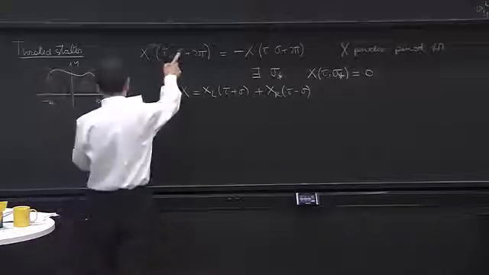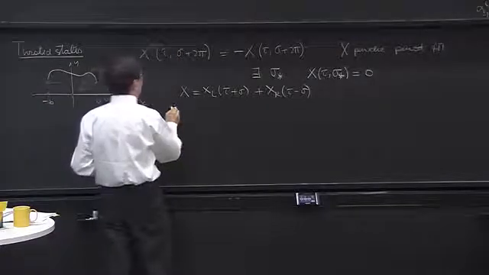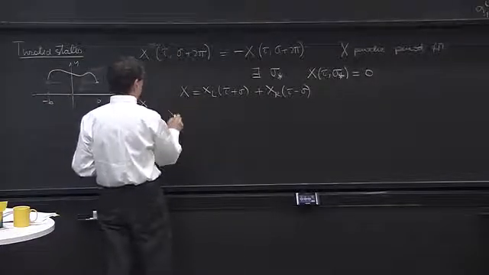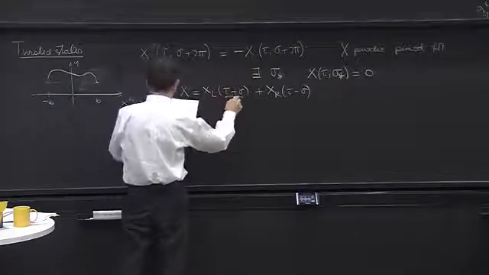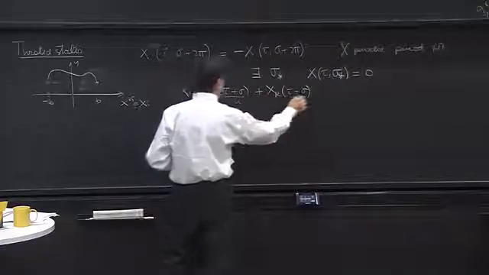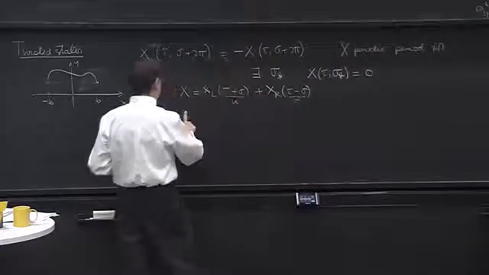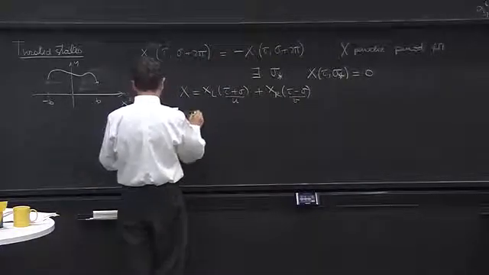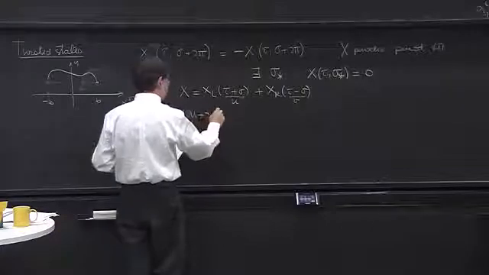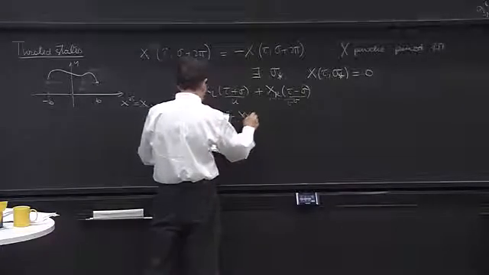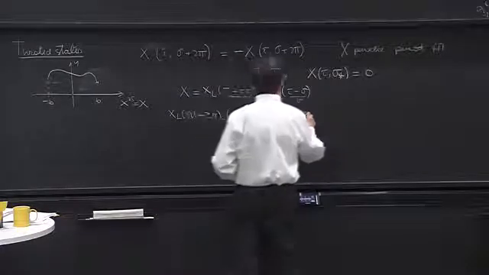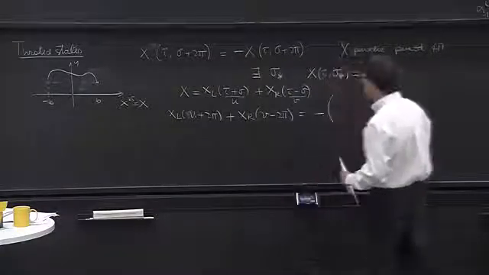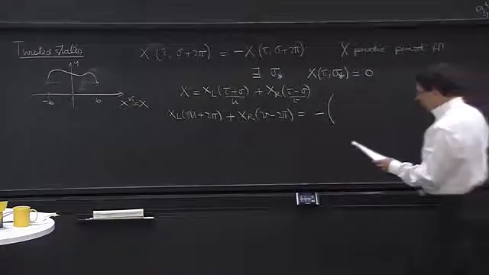But when I substitute here, what do I get? I get x left of tau plus sigma, which we called u, and this we called v. So x left of u plus 2 pi plus x right of v minus 2 pi is equal to minus, this time, the original one.